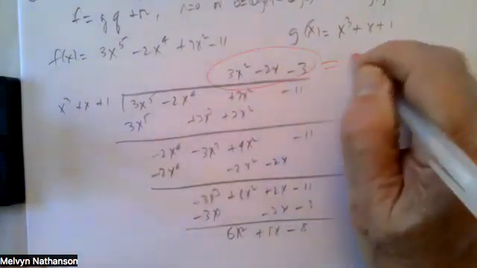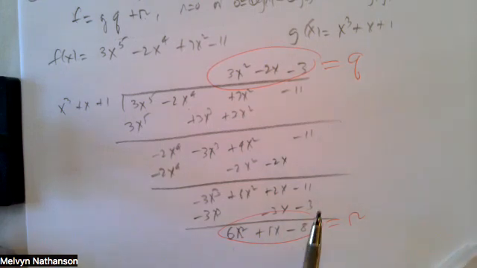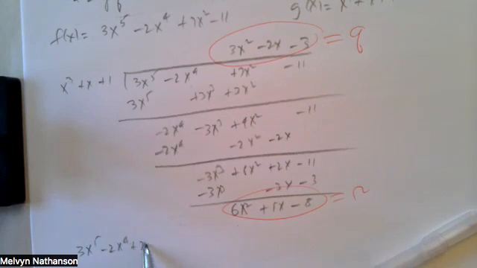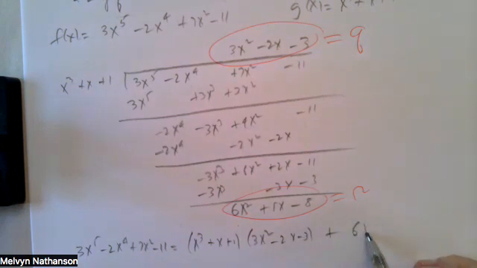And this polynomial is my quotient, and this polynomial is my remainder. It has degree less than or equal to 2, and strictly less than 3. So my division algorithm says that my polynomial f, 3x to the 5th minus 2x to the 4th plus 7x squared minus 11, is equal to g, x cubed plus x plus 1, times the quotient, 3x squared minus 2x minus 3, plus the remainder, which is 6x squared plus 5x minus 8.